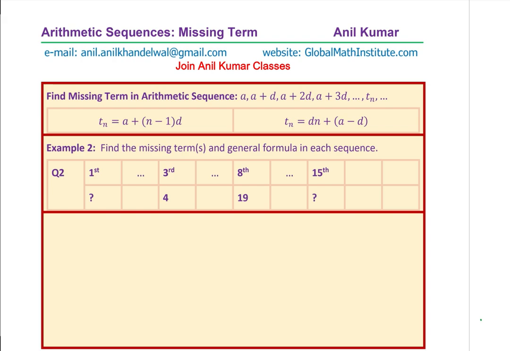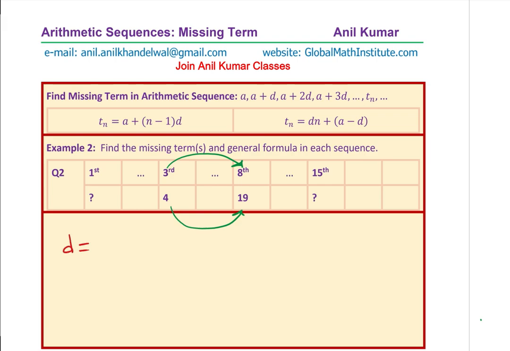Now, in question number 2, we are not given the consecutive terms. Now we are given third and the eighth term. Now, how do you find the difference between third and the eighth term, right? From third to eighth term, we can find the common difference. Common difference D is what?